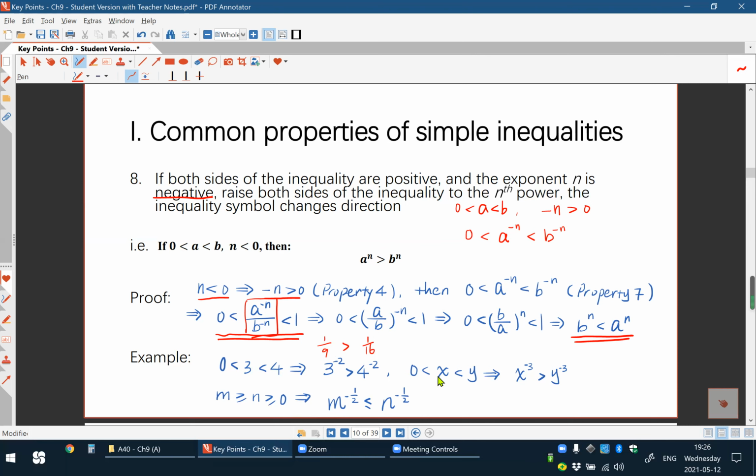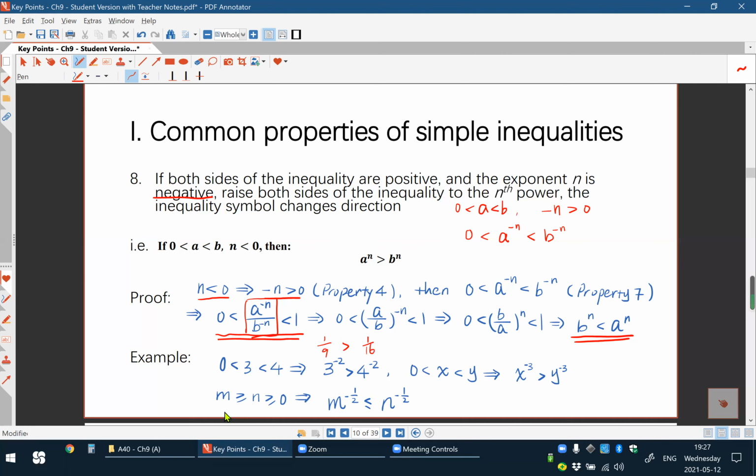Okay, next, for another example, if we know that x is smaller than y and both x and y are positive numbers, then if we raise them to the -3rd power, we will get x to the -3rd is greater than y to the -3rd.